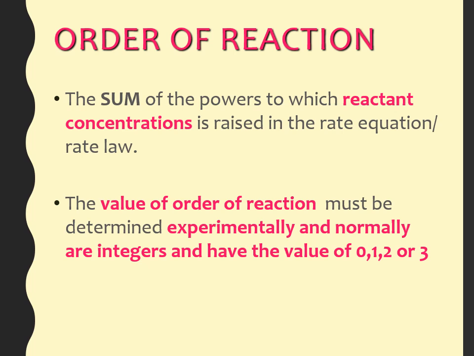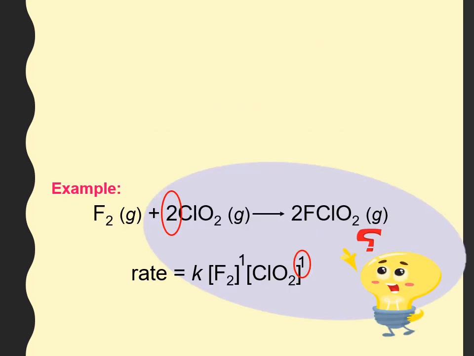Right, we've talked about order of reaction, x, y, z. What are they? It's the sum of powers to which reactant concentration is raised in the rate law. The value of order of reaction must be determined experimentally and normally are integers and have the value of 0, 1, 2, or 3.